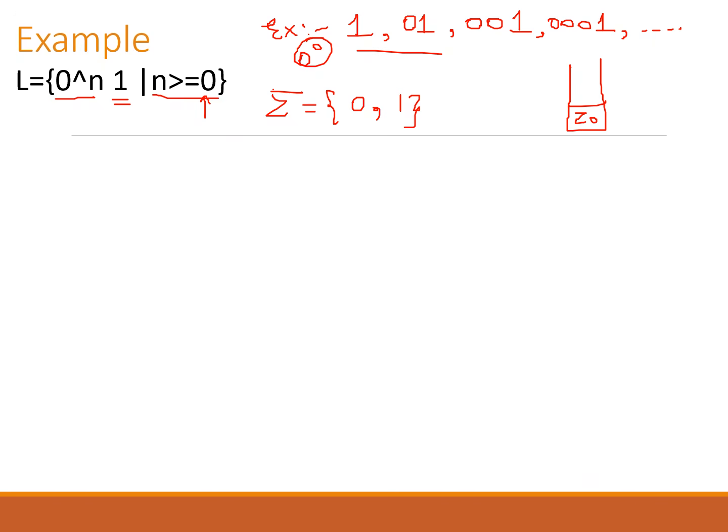Now how do we write the transitions representing the transition from one state to another? Apart from just the input, we also have to specify what happens on the stack. If we consider the stack, we can perform a push operation, we can perform a pop operation, or we can skip doing any operation.